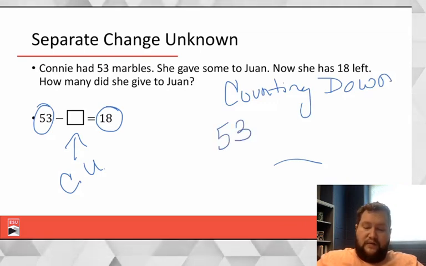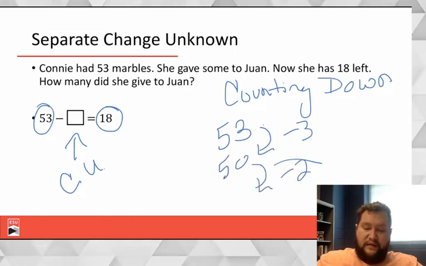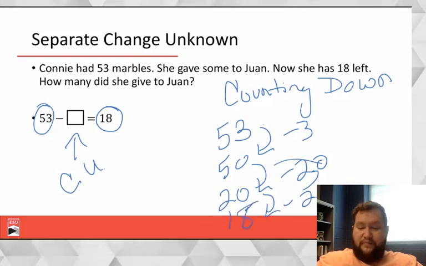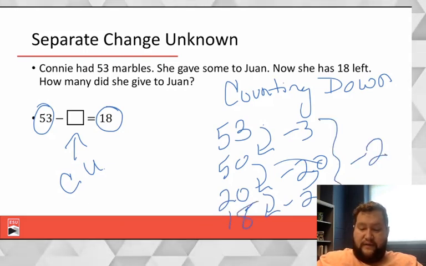53, you subtract 3 to get 50. You subtract 30 to get down to 20, and you subtract 2 to get 18. And since we ended up where we started, we actually have minus 35.